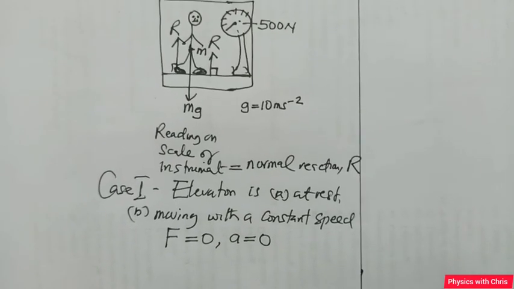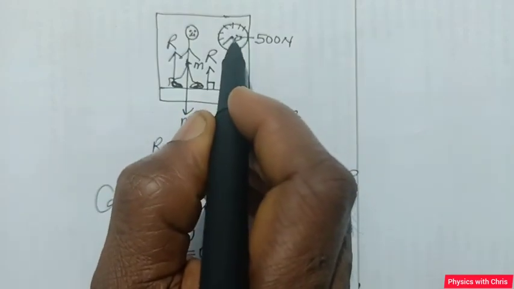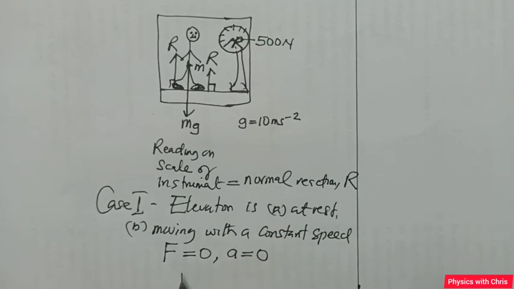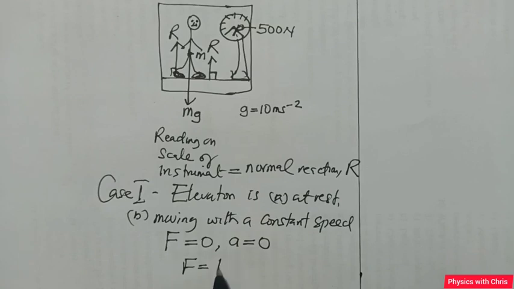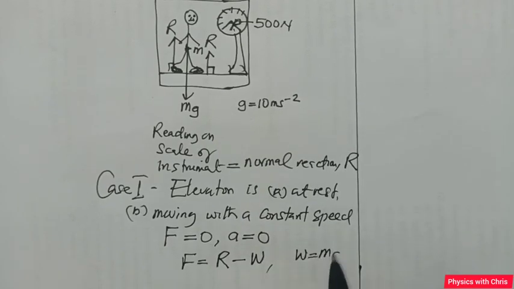Now, what's the reading that is displayed on the display section of the scale of this instrument? First of all, the resultant force on this individual is given by the reaction, the normal force, minus the weight of the person. Of course, we know that weight is equal to mass times acceleration due to gravity.